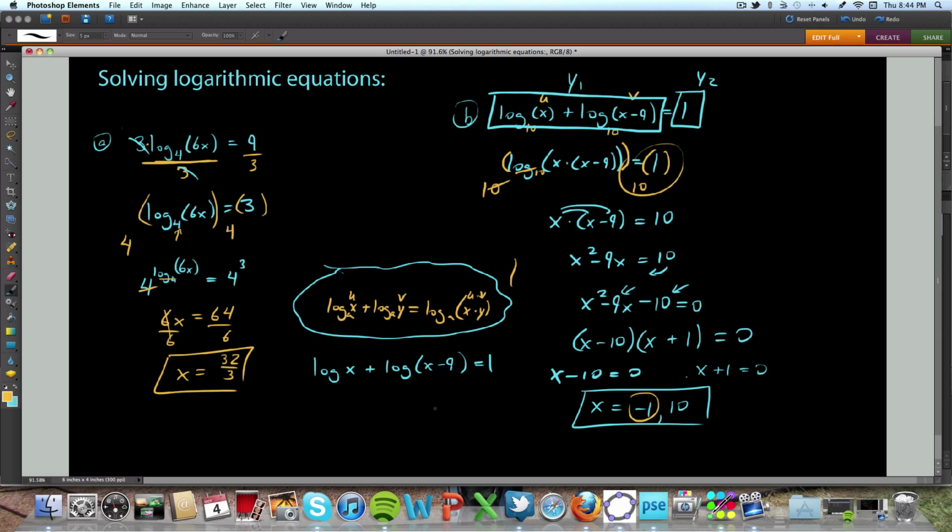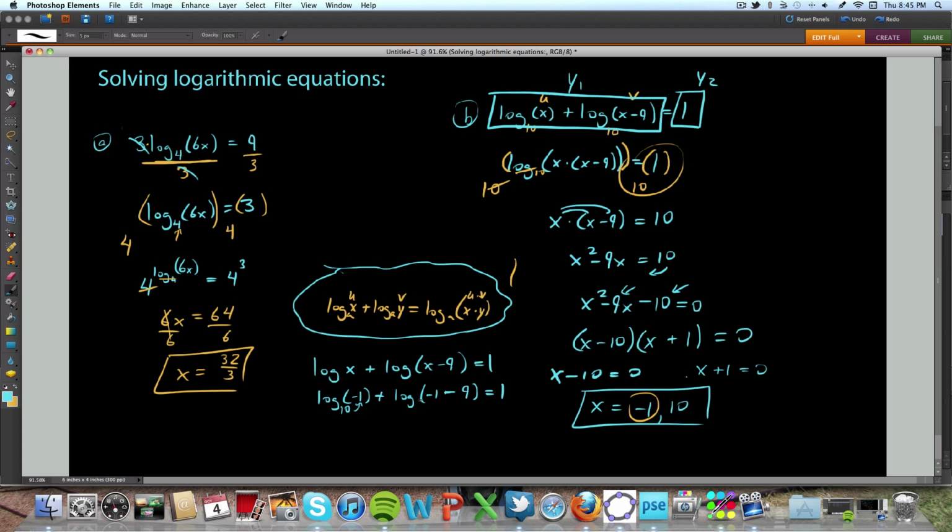The simple fact of the matter is this: when we plug it back into the original equation with negative 1 for x, we say log of negative 1 plus log of negative 1 minus 9 is equal to 1. We end up with the log of a negative number, which first of all is not even defined, because you couldn't take 10 to the power of something and end up with something negative, since 10 is the log base.